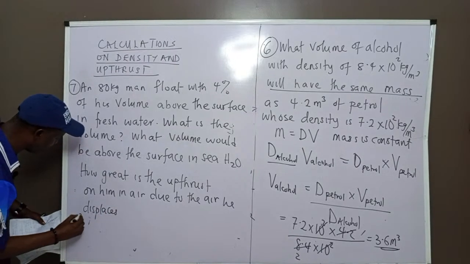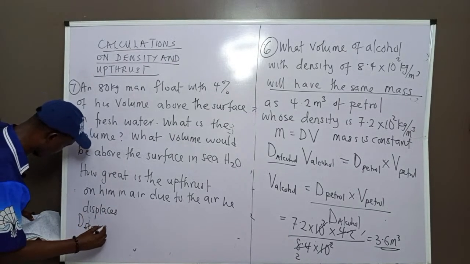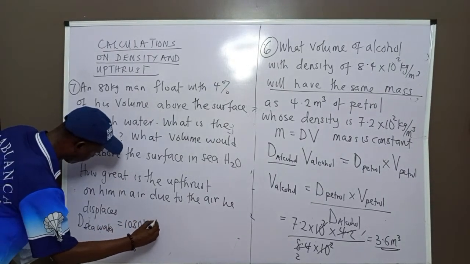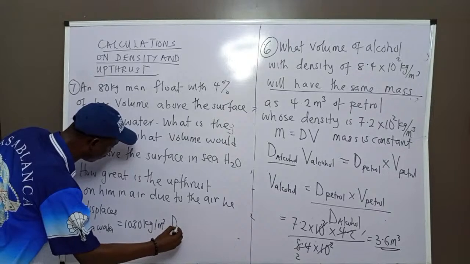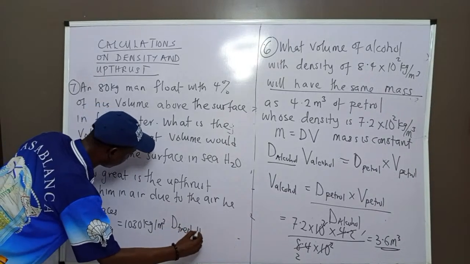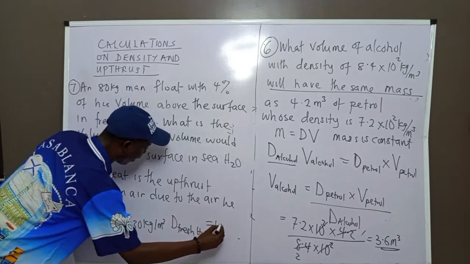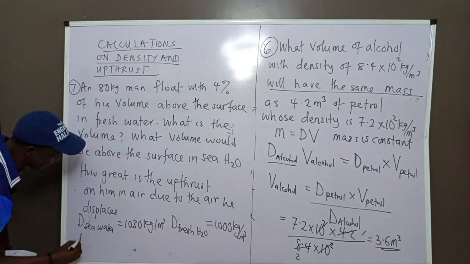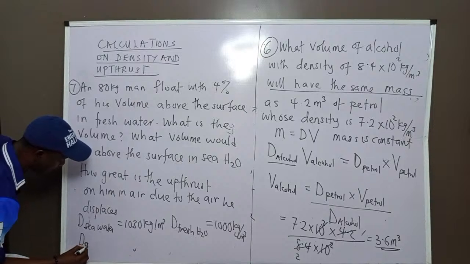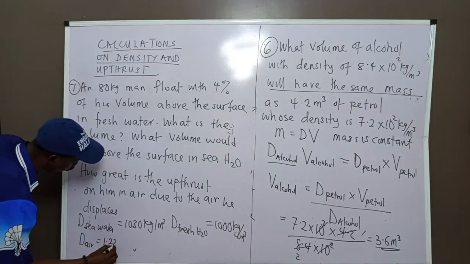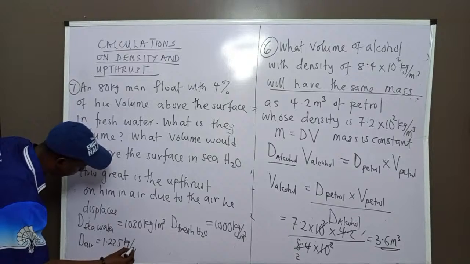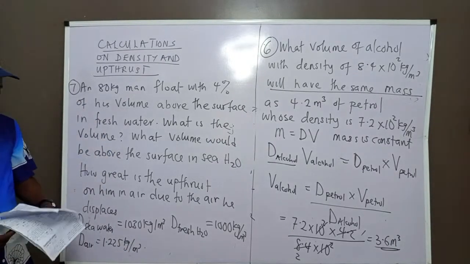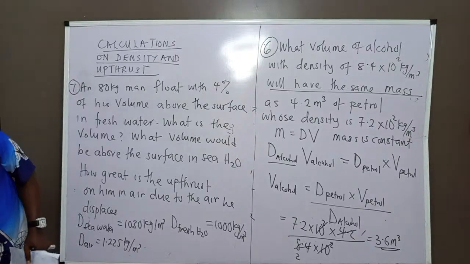Take density of seawater to be 1030 kilogram per meter cube, density of fresh water to be 1000 kilogram per meter cube, and density of air to be 1.225 kilogram per meter cube. So that is what we are given in the question I want to solve.